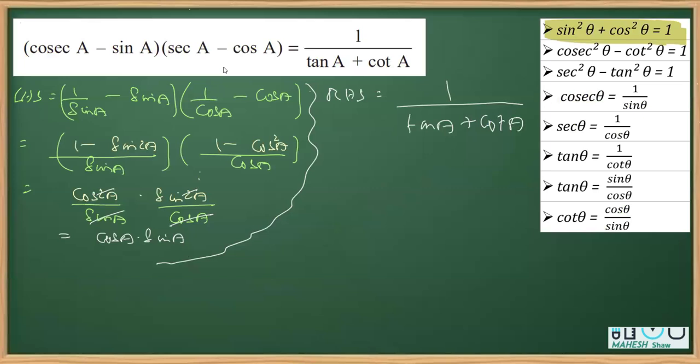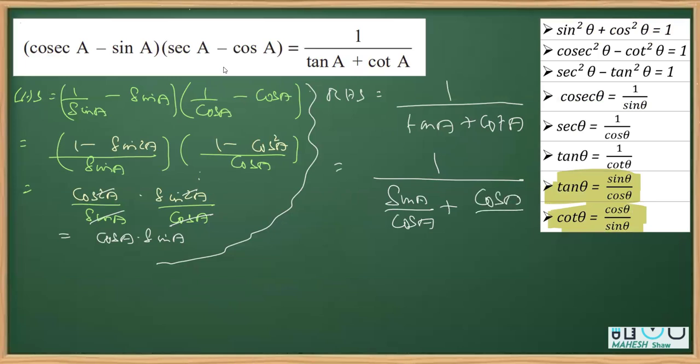As I told you in the beginning, all trigonometric ratios can be written in terms of sine and cos, and that's why we are going to convert tan as sine by cos and cot as cos by sine. So this is sine A over cos A plus cos A over sine A.